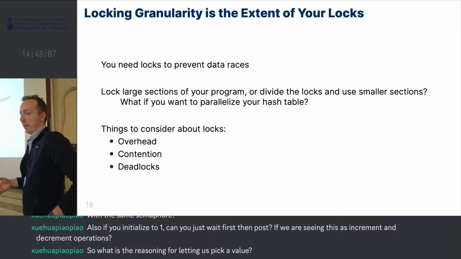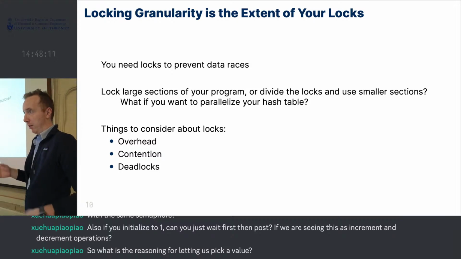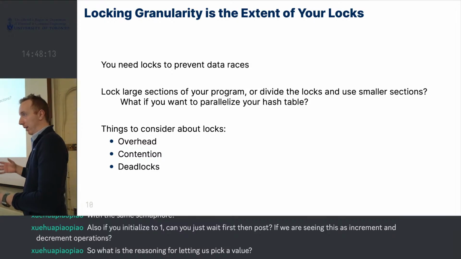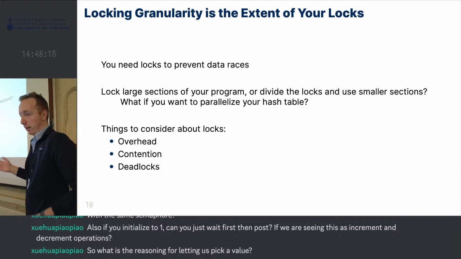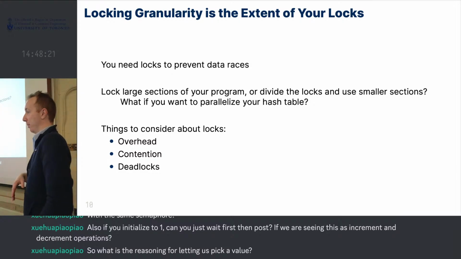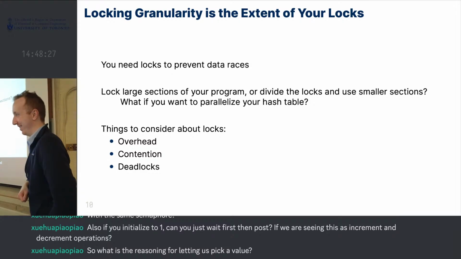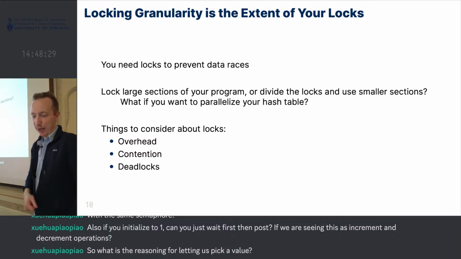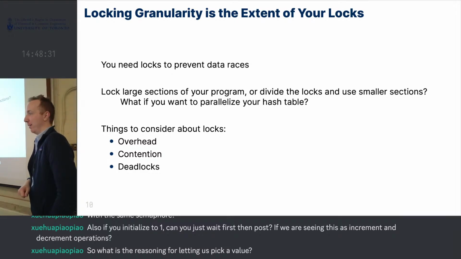So generally, you want to divide the locks, maybe use multiple locks, and make sure that anything that's independent uses a different lock. Smaller sections. So for example, what if you want to parallelize a hash table? Should I use multiple locks or only one lock? Well, you get to do that in Lab 5. I will give you a hash table, and then you get to parallelize it and make it go fast.